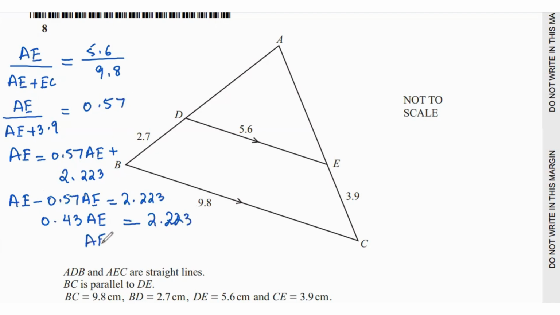So AE is going to be 2.223 divided by 0.43, and that is going to give us 5.2 centimeters as shown in the question. So these are your AD and AE values.